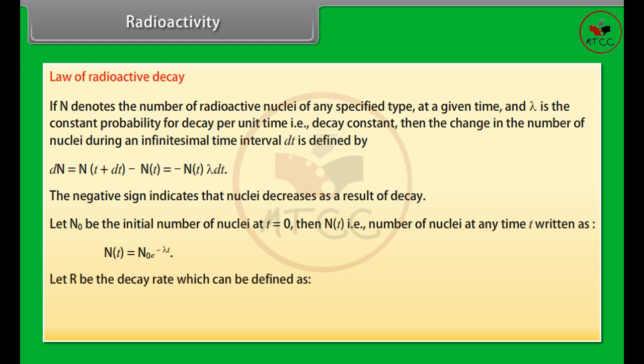Let R be the decay rate, which can be defined as R is equal to minus dN by dt. Name it as equation 1. Differentiating equation 1, we get R is equal to lambda N0 e raised to the power minus lambda t.